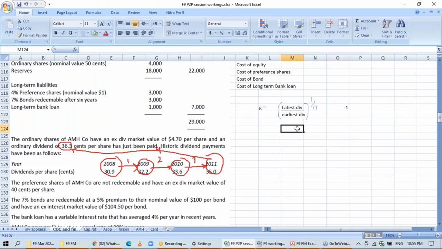So we'll put the latest dividend, which is 36.3, and divide that by 30.9, which was the earliest dividend, and we'll put on the power one upon n, 1 divided by 4, and then we'll deduct 1.